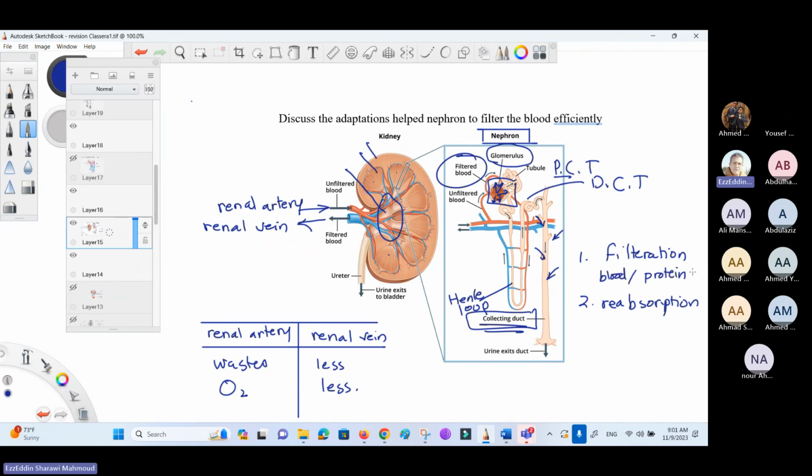The question is why? Because they have large size. So they will not be pushed inside the Bowman's capsule, but they will return again in their original pathway. Blood. Okay.